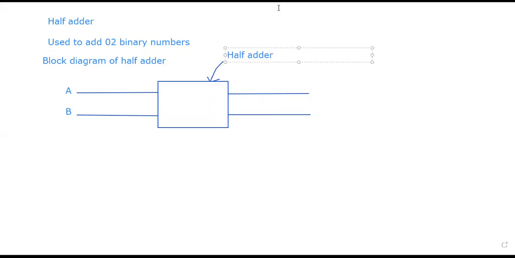Here we are using the block diagram, and later we'll draw the logic circuit of the half adder. The outputs are sum and carry out, which we can simply state as C out.